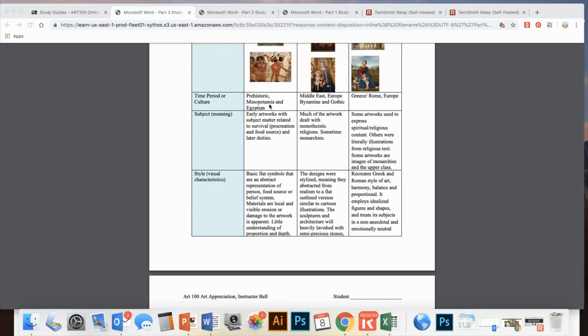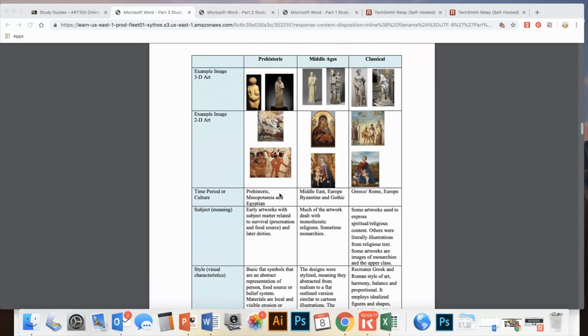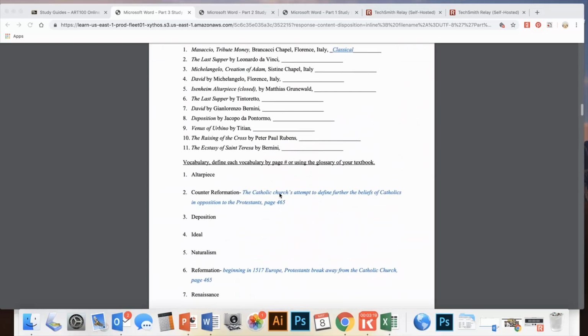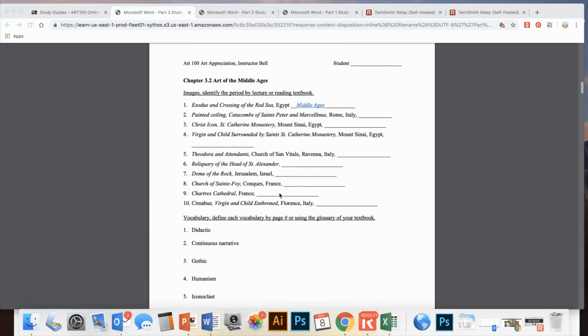When you are thinking about time period and culture for prehistoric, it is literally prehistoric art, but for art appreciation, we also include Mesopotamia and Egyptian art as prehistoric. It explains the subject matter and also the styles, very flat, just no depth and very shallow space. So that's how these art periods will go.